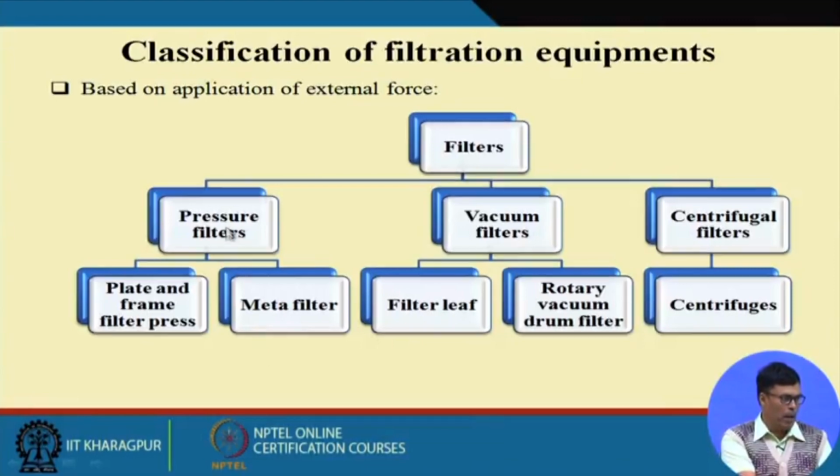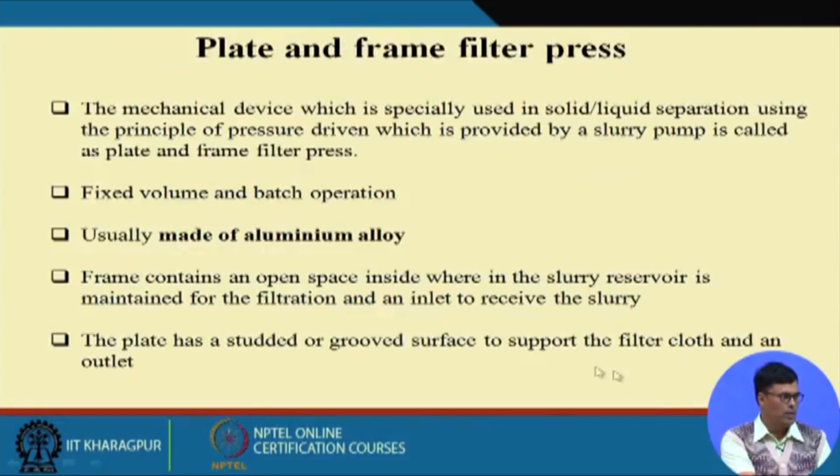Now in the biochemical industries, we are interested in the plate and frame filter press, which is largely in practice, then the rotary vacuum filter, also largely in practice, and the centrifuge. So I shall mostly concentrate on these three filtration processes, because they are in practice in the biochemical industries.